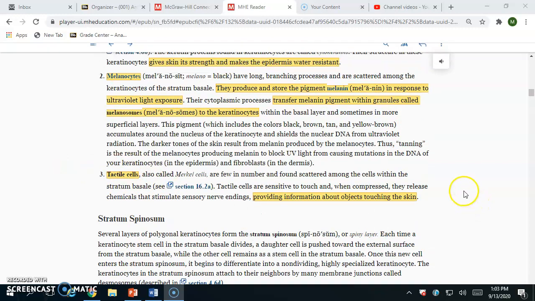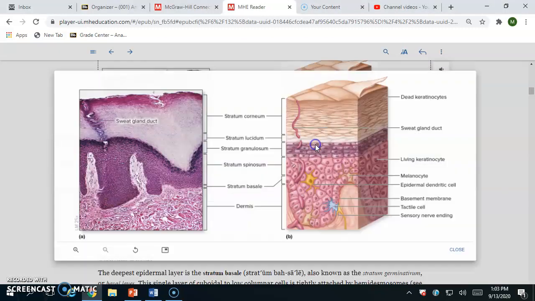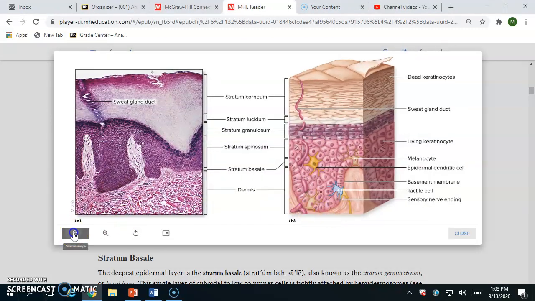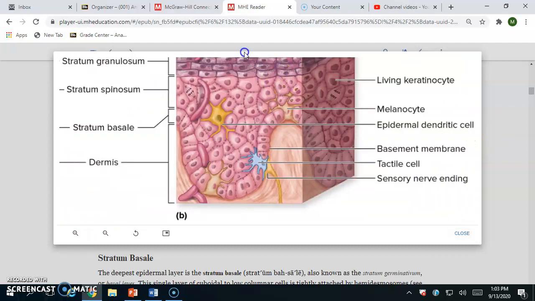So they're called tactile cells, and we'll go back to our picture and you can see they depicted one of them in here. In our stratum basal, that's the area where you can find these tactile cells, in the deepest part of our epidermis, the stratum basale or basal layer.